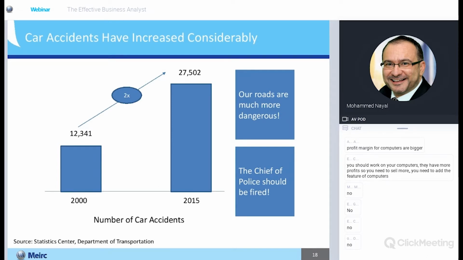In 2015, it has more than doubled to 27,000, much more than 2x. And this data is reliable. It comes from the Statistics Center and the Department of Transportation. Therefore, the so what is that our roads are more dangerous and the chief of police should be fired. Yes or no?